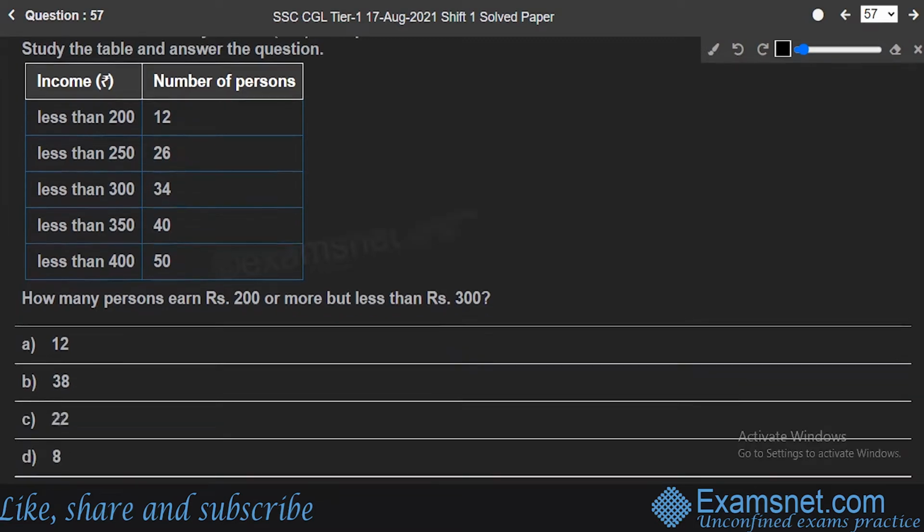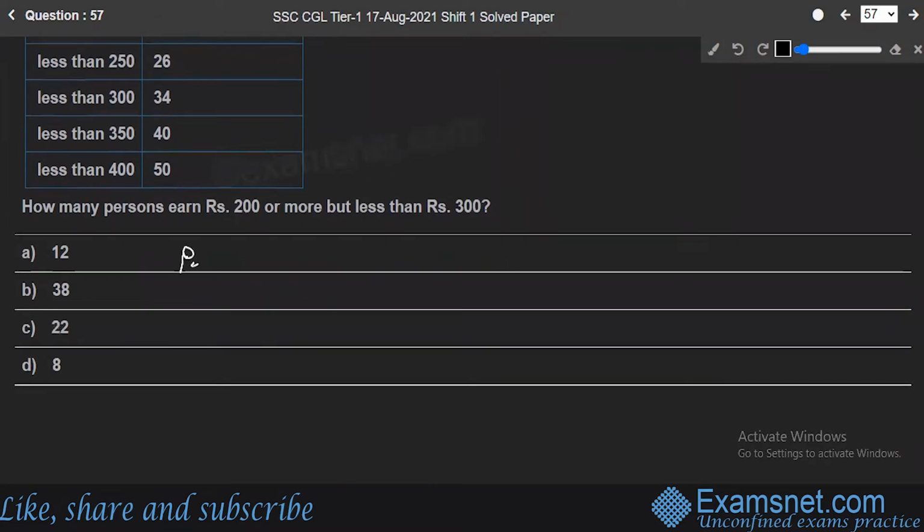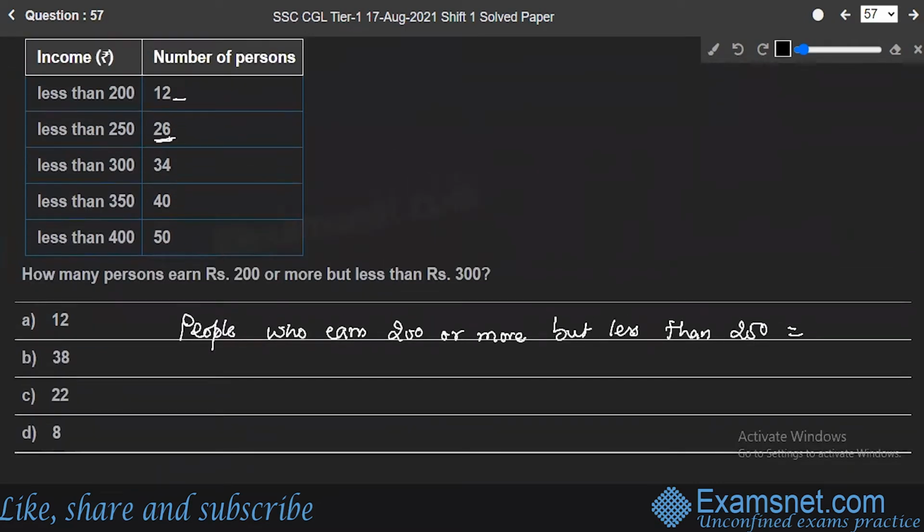Let's go with it. First of all, people who earn 200 or more but less than 250, how many are those? Obviously, see this, 26 minus 12, which is equal to 14.